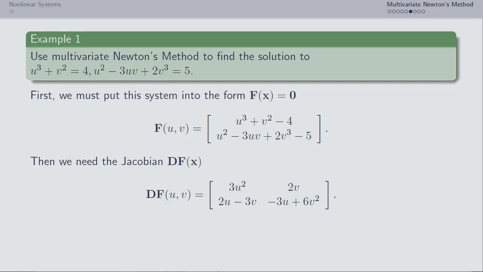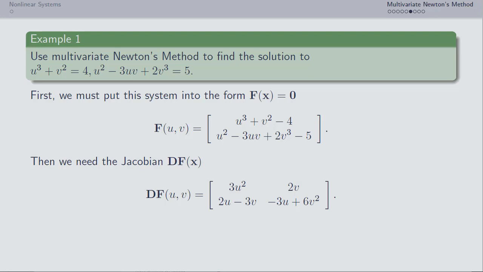Now we need the Jacobian of this function, right? We have 2 equations and 2 unknowns, so our Jacobian is going to be a 2 by 2 matrix. The first row is going to be the partials with respect to the 2 variables of the first equation. The partial of u cubed plus v squared minus 4 with respect to u is 3u squared. The partial with respect to v is 2v.